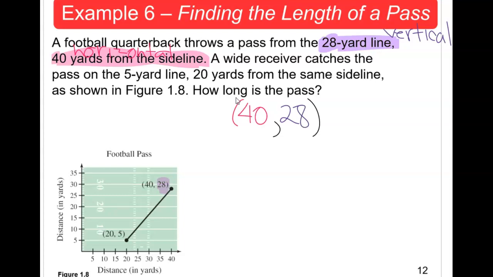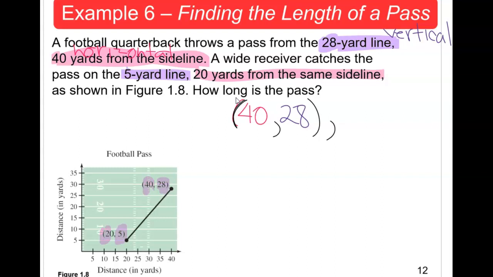And our other point is going to be the wide receiver catches the ball on the 5th yard line, so that will be the vertical distance again, and 20 yards from the sideline, so that will be the horizontal distance.